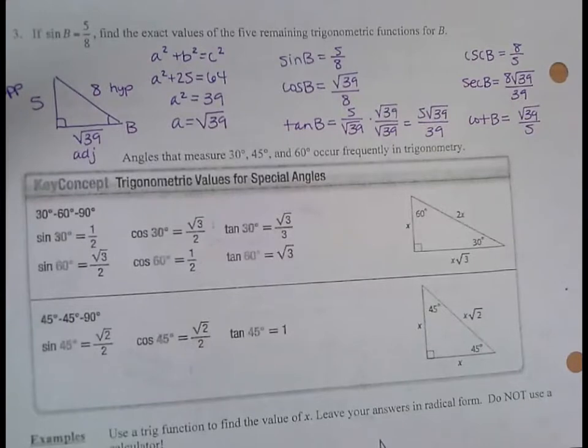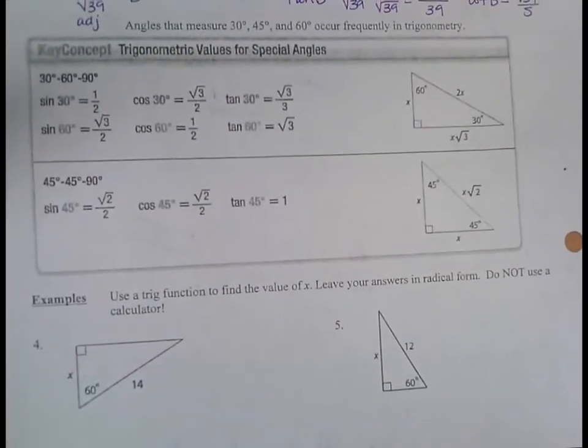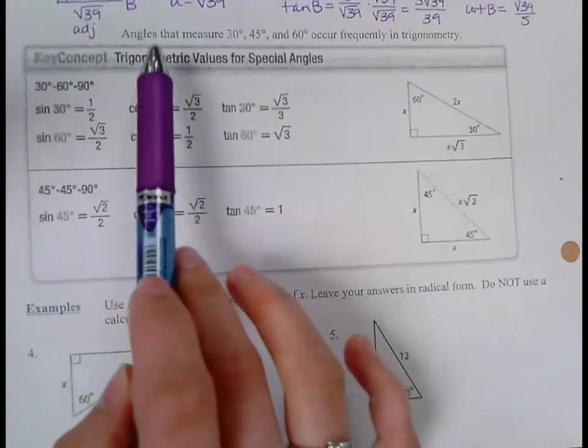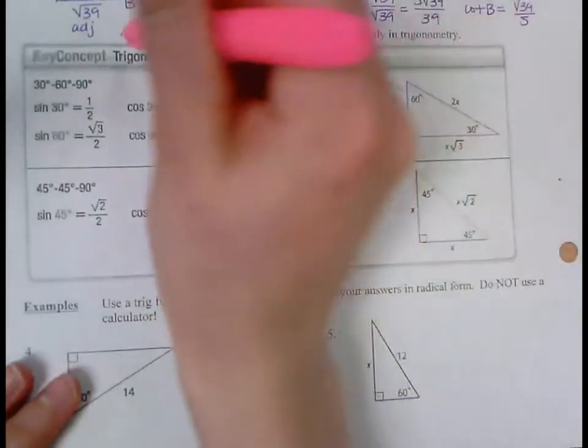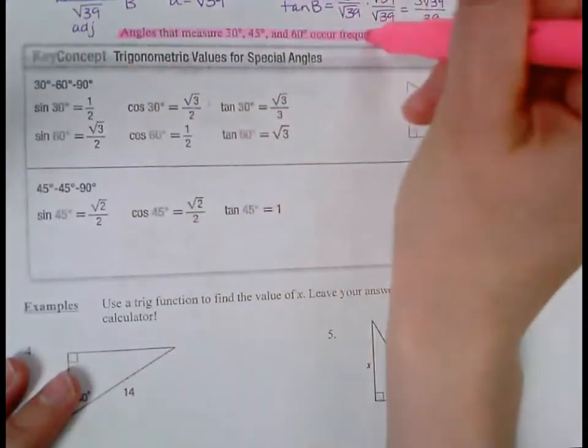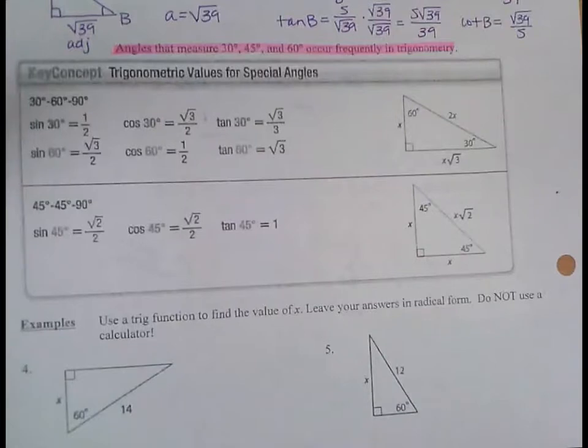So knowing how to identify the 6 trig ratios. The next part I just want to get to so that I can pass out the practice as well. So I have here right above that box, you will see this in this unit. If you're taking trig pre-calc next year, you'll see this next year. The angle measures of 30 degrees, 45 degrees, and 60 degrees are very frequently used, or they occur very frequently in trig.